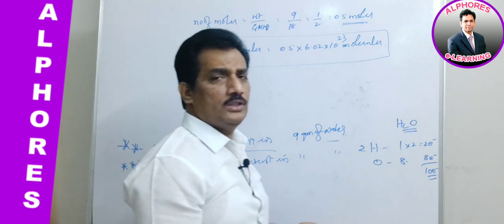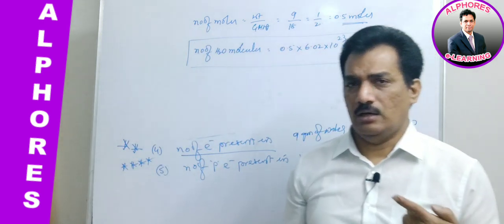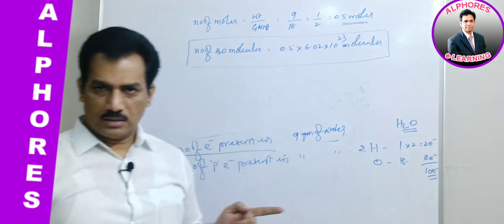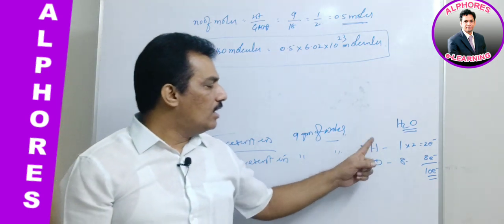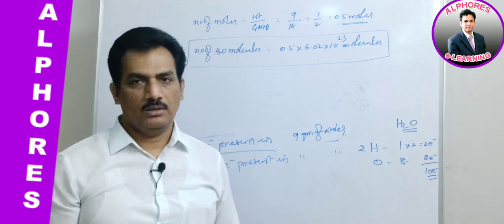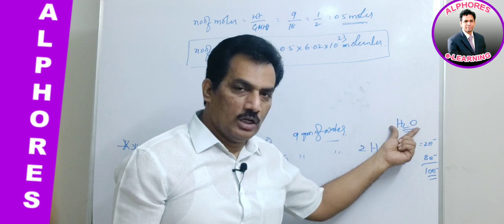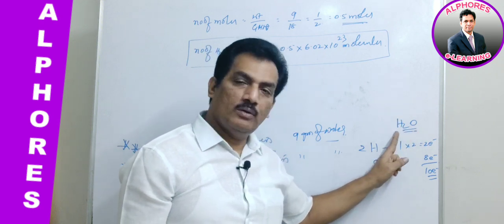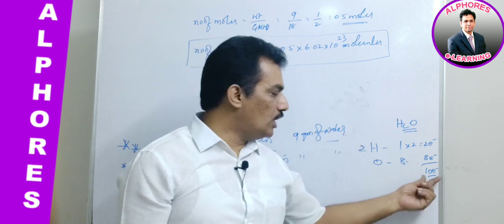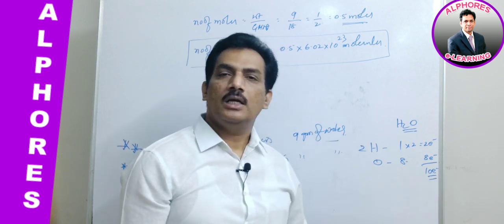As you know, the atomic number of hydrogen is 1, so hydrogen has 1 electron in its 1s shell, and oxygen has 8 electrons because its atomic number is 8. So totally in an H2O molecule, 2 electrons from 2 hydrogen atoms and 8 electrons from 1 oxygen atom. Totally how many electrons are present? 10 electrons.